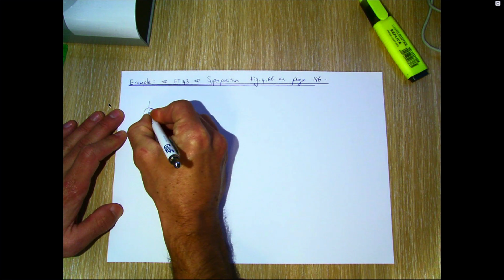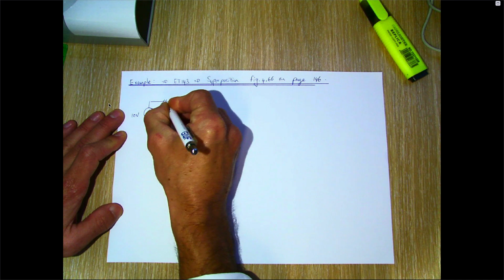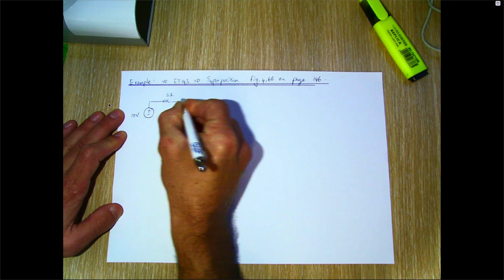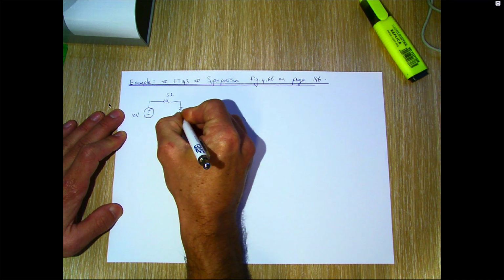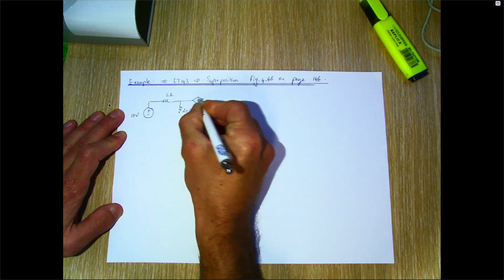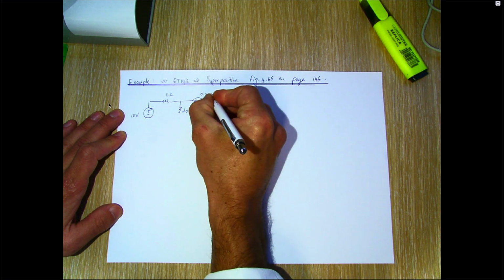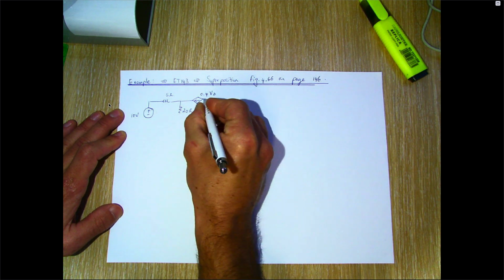Okay, so over here we have an independent voltage source, a couple of resistors, and then we've got some dependent sources. Over here we have a dependent current source with the value of V delta.